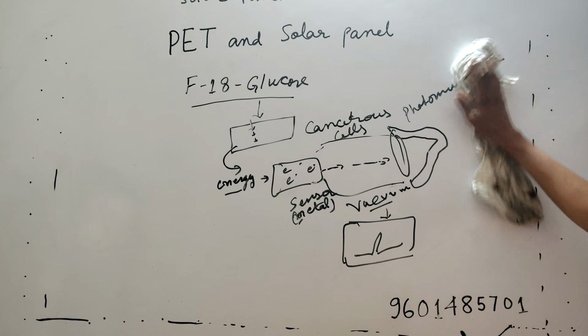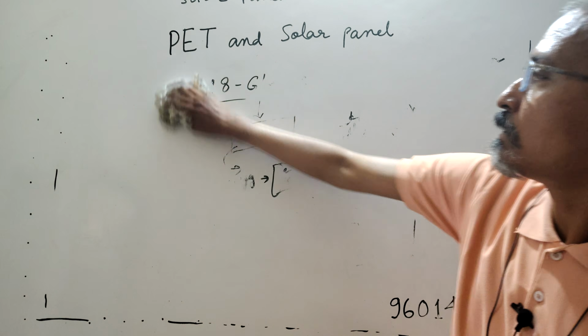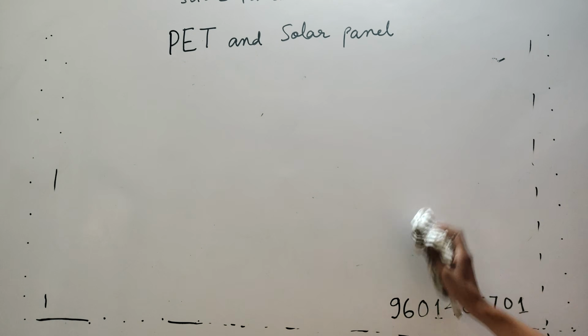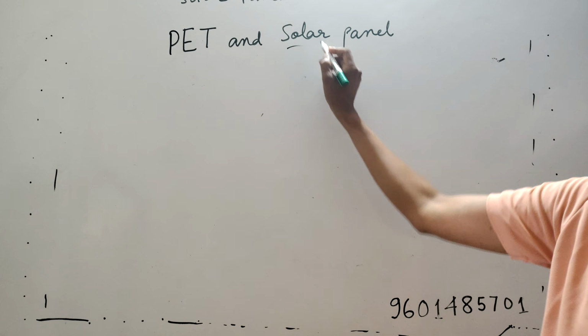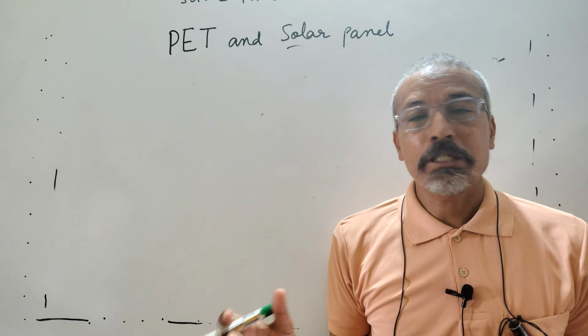Next is the solar panel. In a solar panel, actually, instead of some metal, we use silicon.